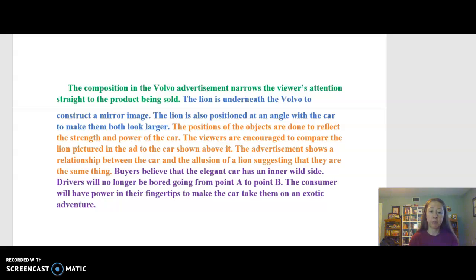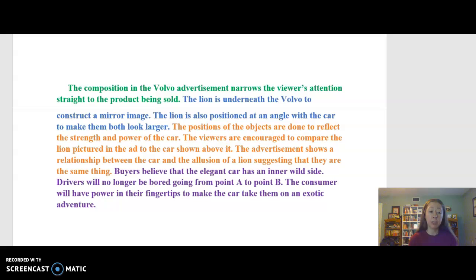The composition in the Volvo advertisement narrows the viewer's attention straight to the product being sold. The lion is underneath the Volvo to construct a mirror image. The lion is also positioned at an angle with the car to make them both look larger. The positions of the objects are done to reflect the strength and power of the car. The viewers are encouraged to compare the lion pictured in the ad to the car shown above.